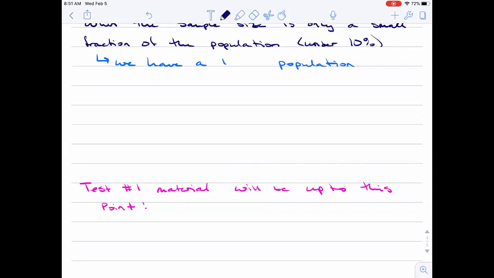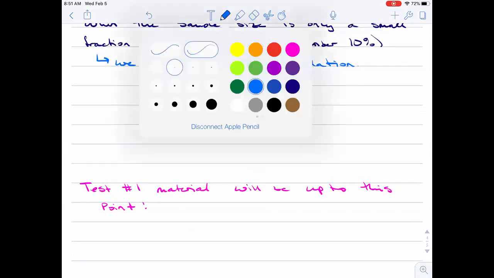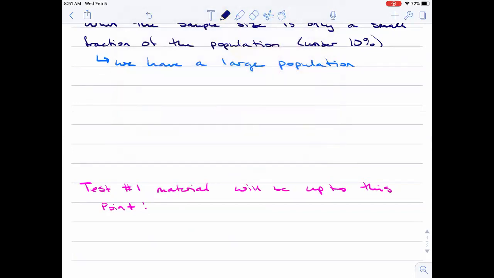Large. Then observations, we can assume that they're nearly independent, regardless of if we're drawing with replacement or without replacement.